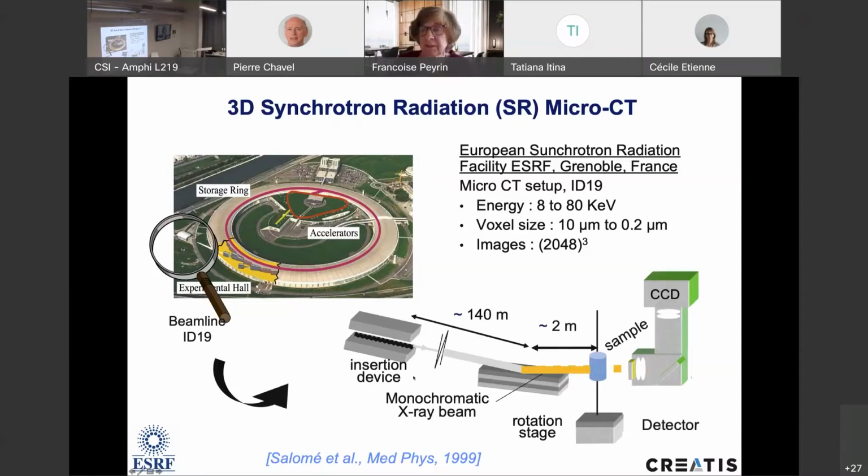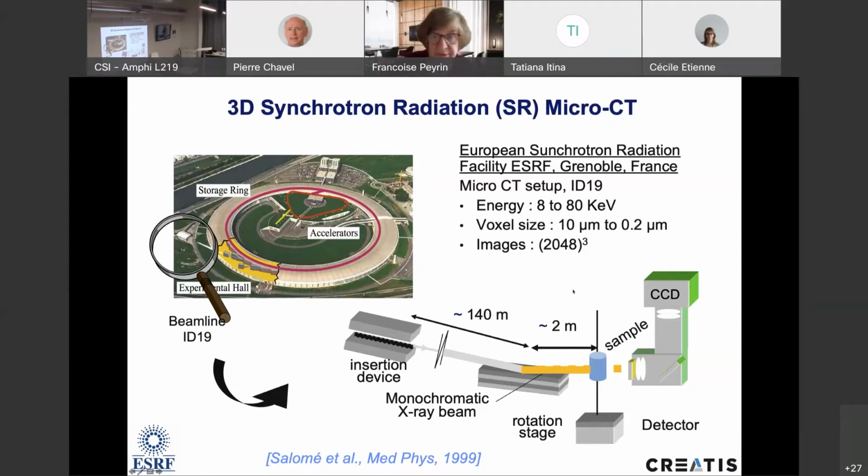From this synchrotron beam, we extract a monochromatic beam, that means a beam with a single energy. We have a sample that is put on a sample stage that is rotated to perform acquisition under different angles, and we record the measurement on a 2D detector, which was based on a scintillator and a CCD camera.